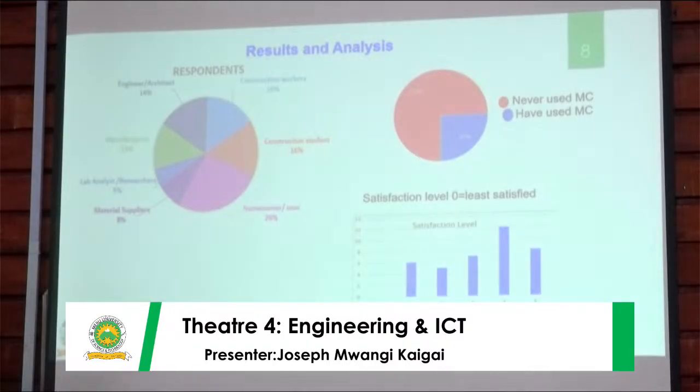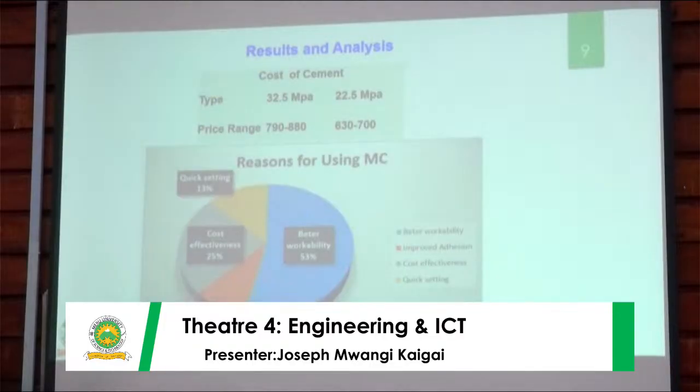We also checked the satisfaction level for those that say they have used it, on a Likert scale of 0 to 5. About 12 out of the whole population said they were satisfied, with around 6 people saying they were not satisfied.